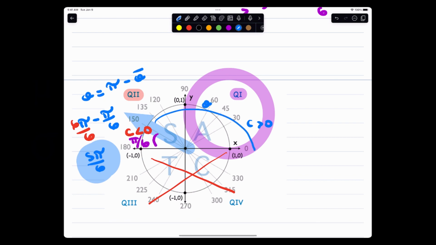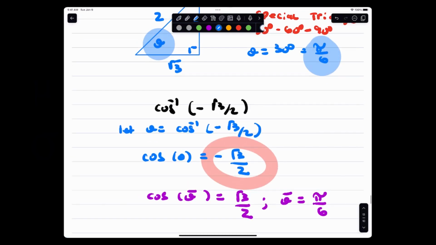That's the theta, 5 pi over 6. And that's what they're looking for. So this equals 5 pi over 6. Isn't 5 pi over 6 150 degrees?